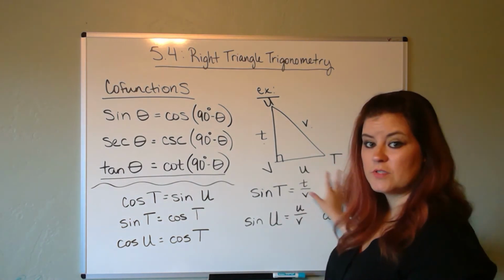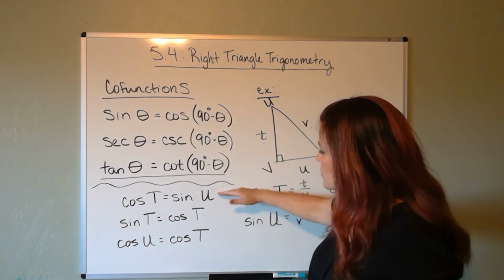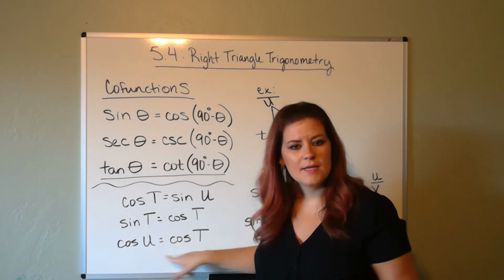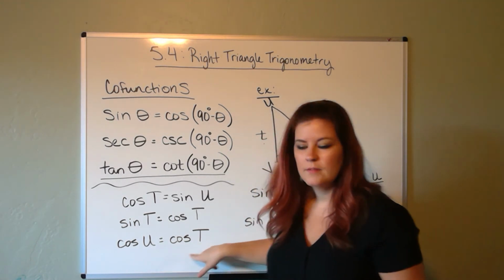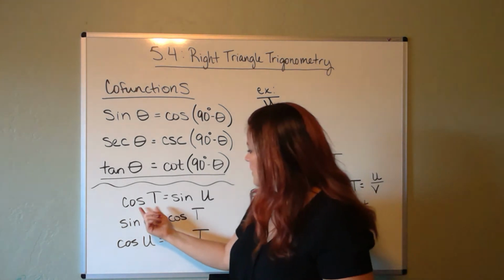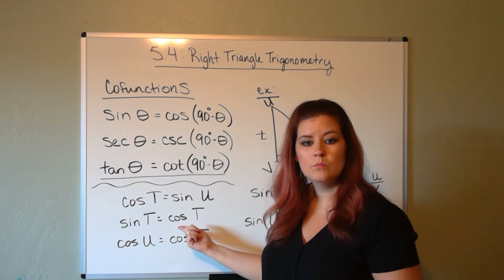So looking at what you just created and knowing what we know about cofunctions now, which one of these statements is true? Is cosine U the same as cosine T? Well, no, that's not what we said here, you guys. Is sine T the same as cosine T?